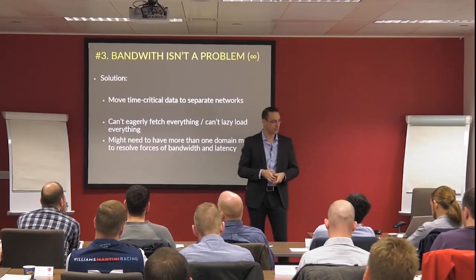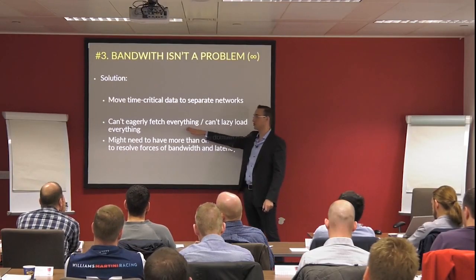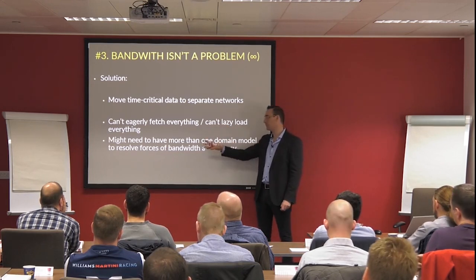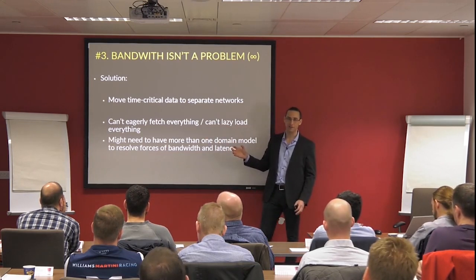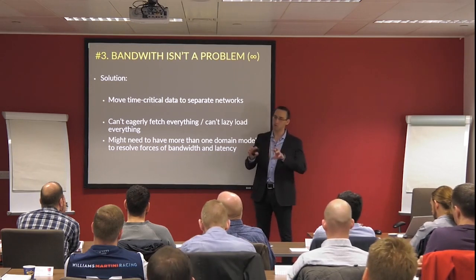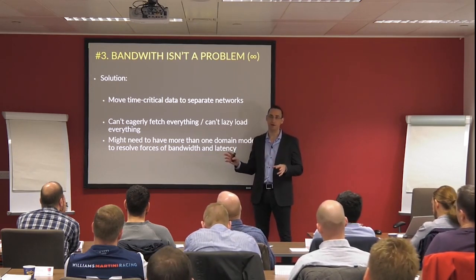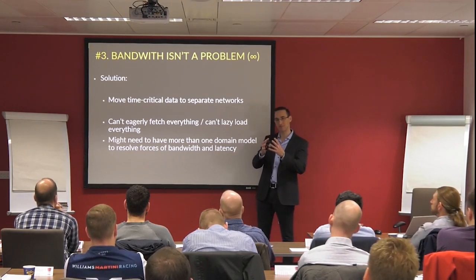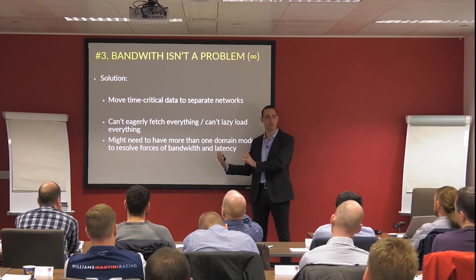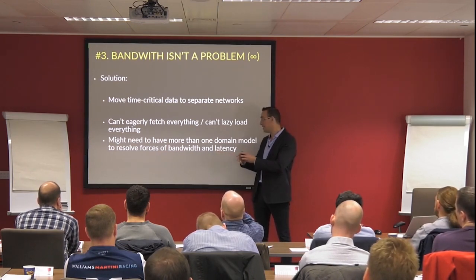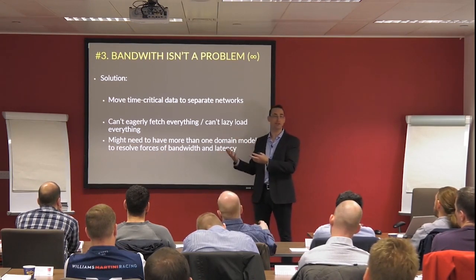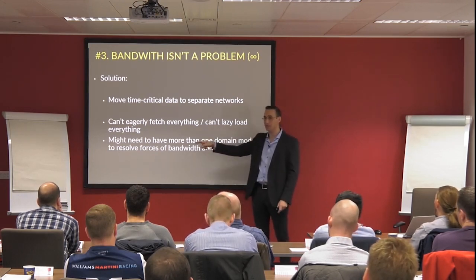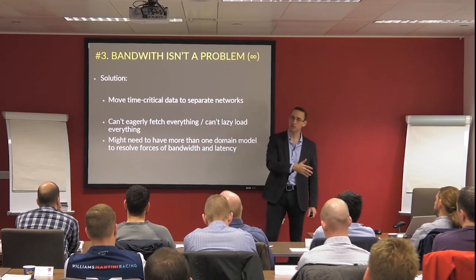And the resolution to that is if you can't eagerly fetch everything and you can't lazy load everything, we might need to decompose our domain model into multiple smaller, more specific domain models where each of them is designed to handle a specific subset of scenarios. And then each of those domain models can potentially be eagerly fetched. But there isn't necessarily the ability to hop from one domain model directly to another.